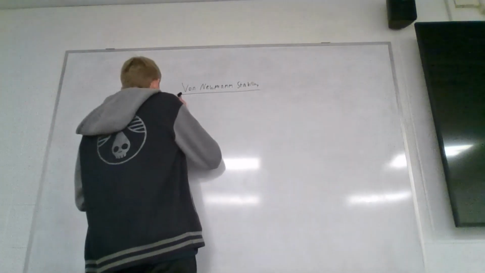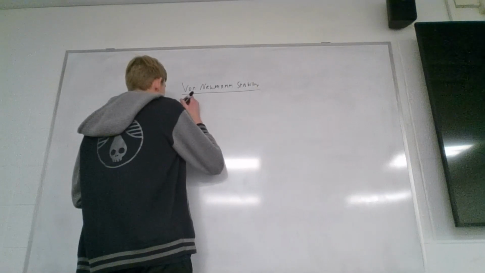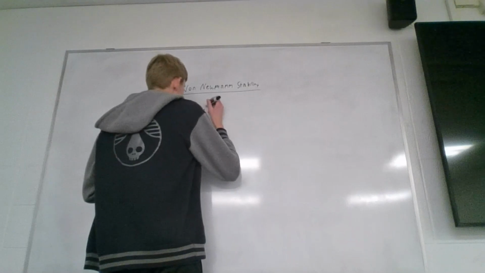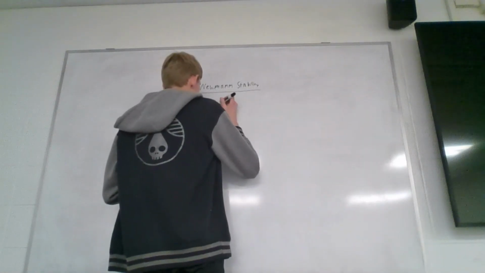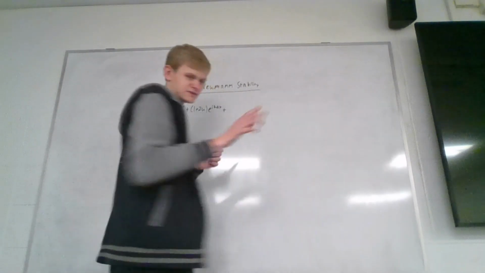So it's going to be negative u e^(i k delta x) plus 1 plus 2u, then e^(i k delta x) plus, oh, that's actually a minus.